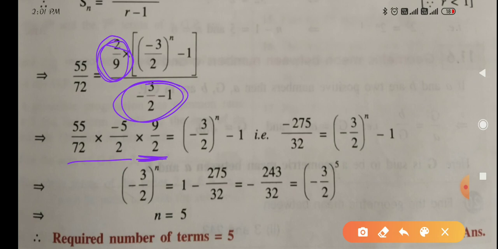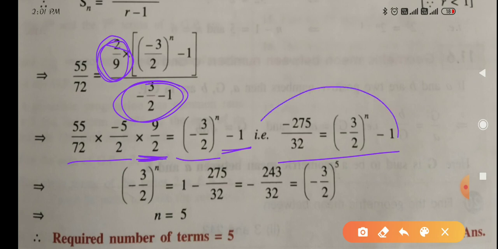So when you take this 2 upon 9 to the LHS, it will be the reciprocal, 9 upon 2. So 55 upon 72 multiplied by minus 5 upon 2 multiplied by 9 upon 2 equals minus 3 upon 2 to the power n minus 1. After simplification, you are getting minus 275 upon 32 equals minus 3 upon 2 to the power n minus 1.